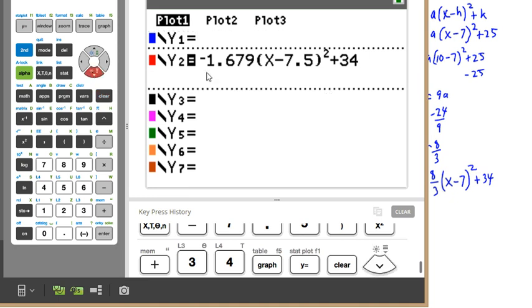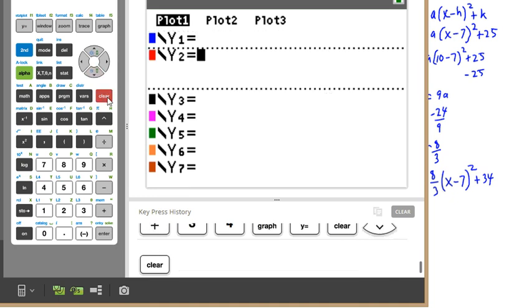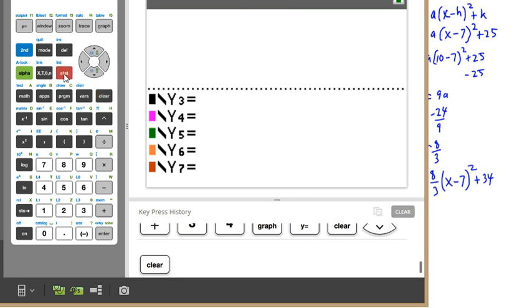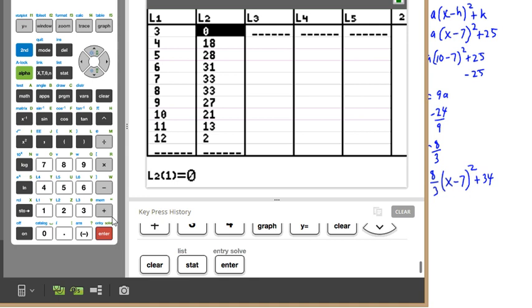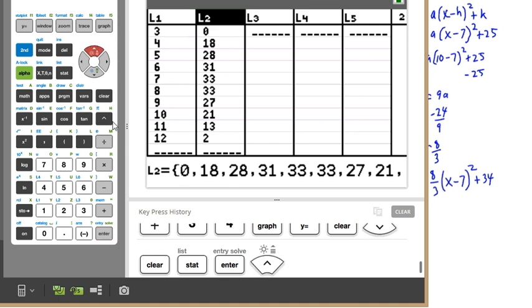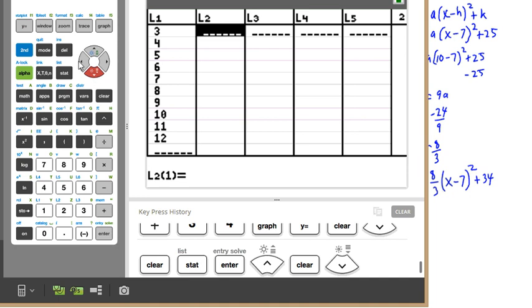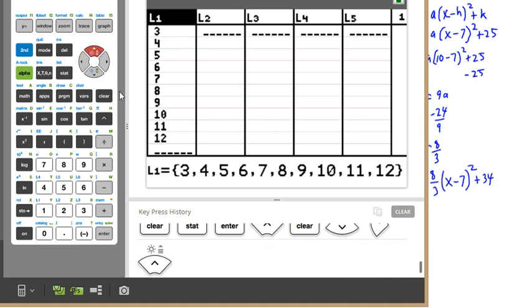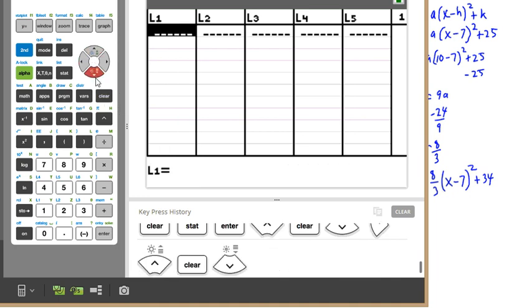Go down to this one here, erase that. Go to Stat, Edit, and I'm going to clear out the data here. To do that, we go up to L2, press Clear, down arrow, gone. Go over here to L1, press Clear, down arrow, gone.